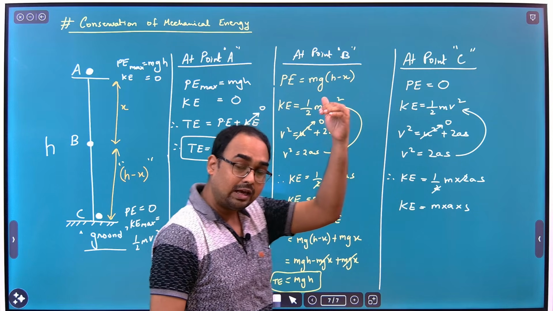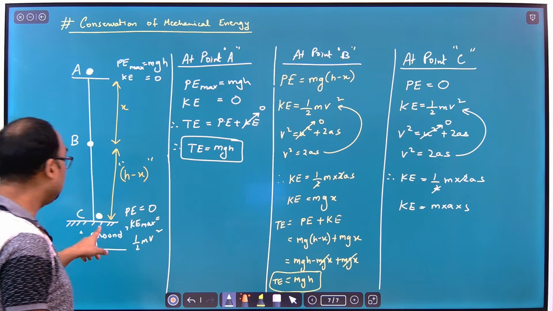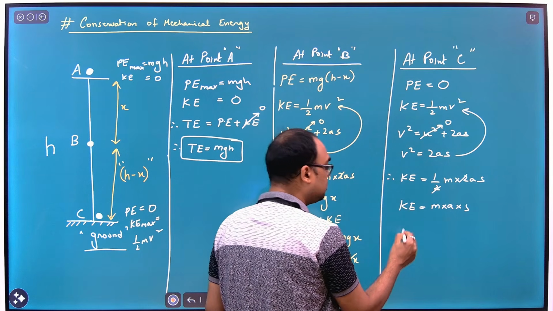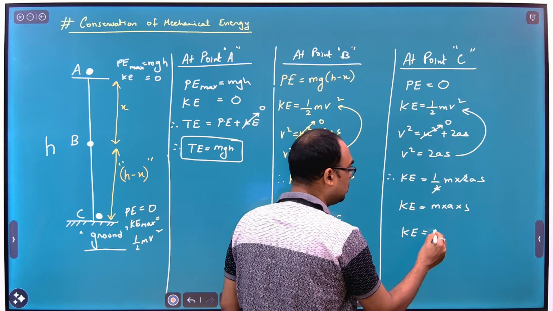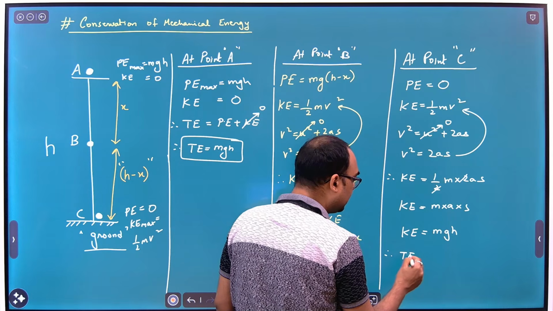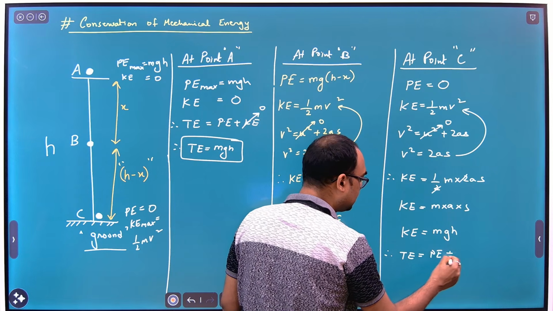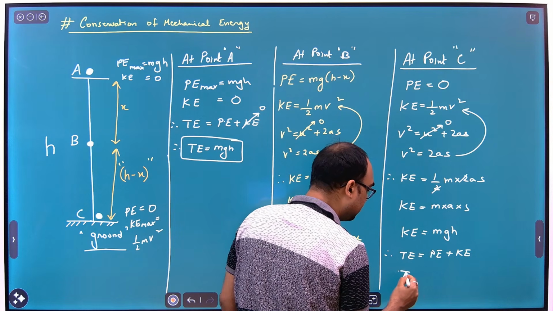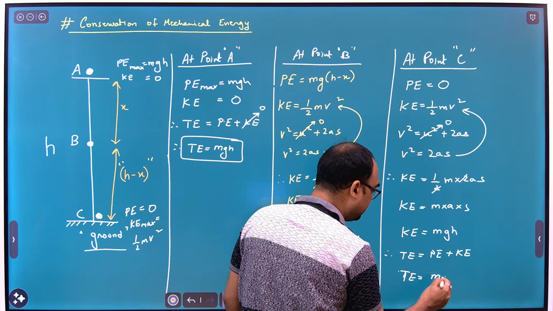Since the particle has come down till point C, it has covered the complete h distance. So now kinetic energy equals mgh. Therefore, total energy equals potential energy plus kinetic energy. Potential energy is already zero. Therefore, total energy becomes mgh.